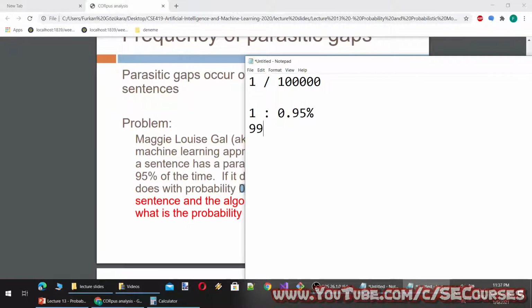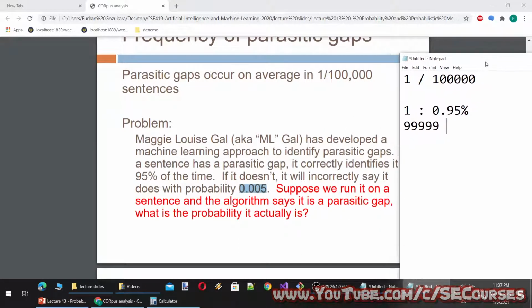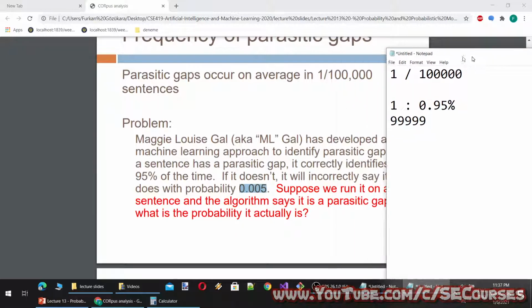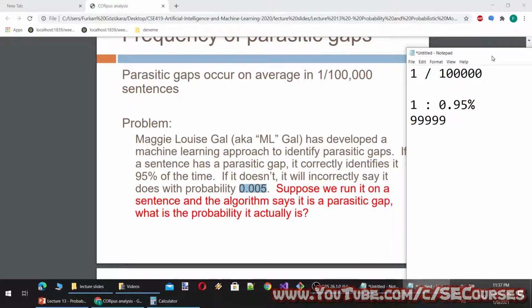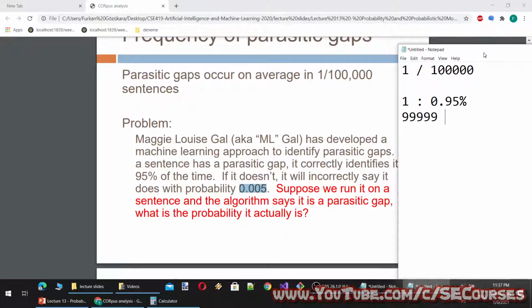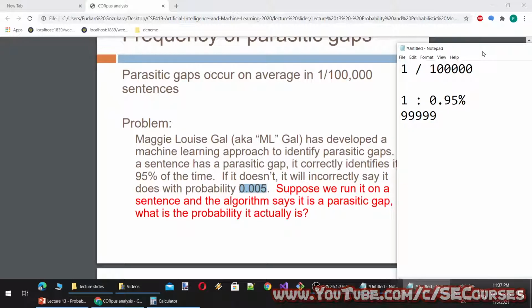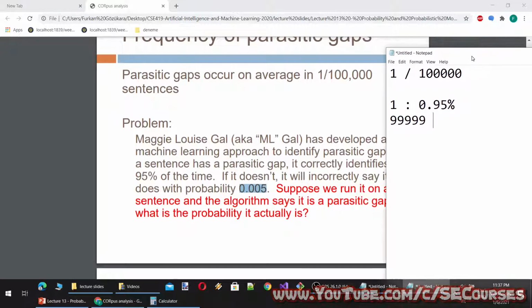However, there are still 99,999 cases, and out of these cases, it will incorrectly say it does with probability 0.005. So in these many cases, it will say yes incorrectly.